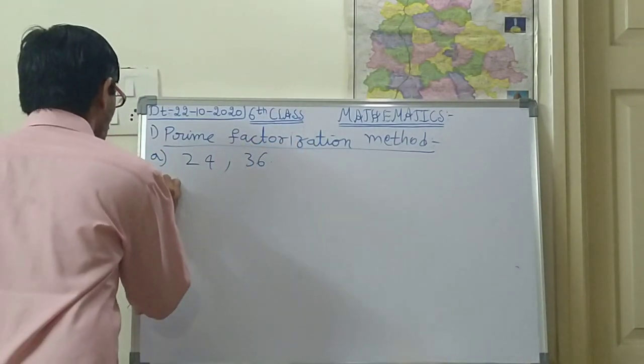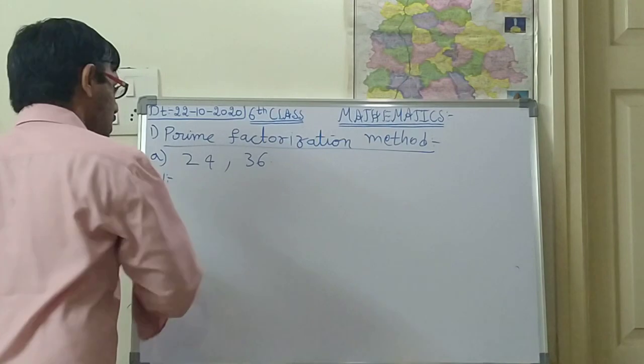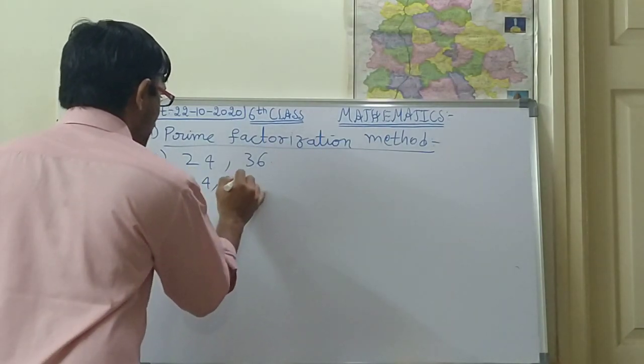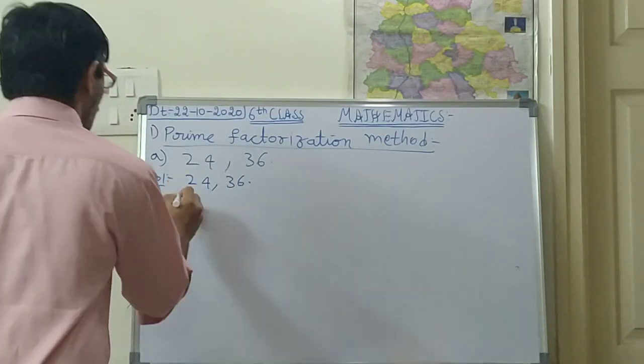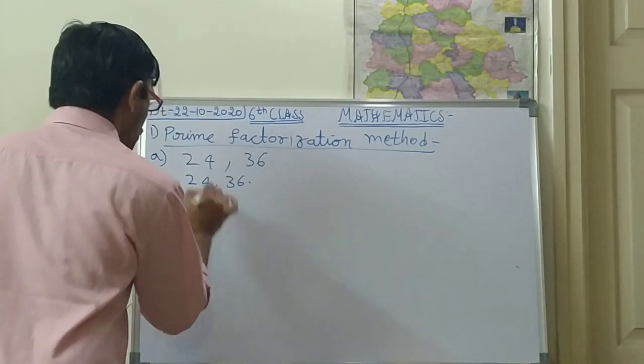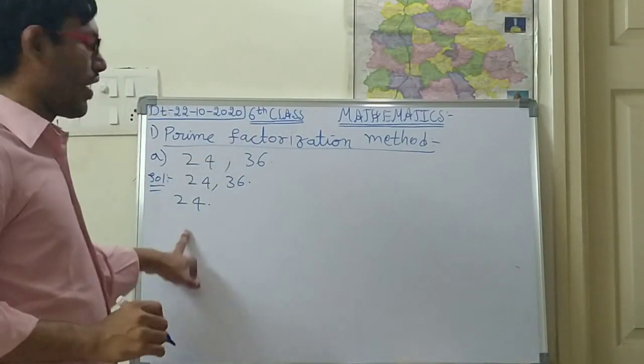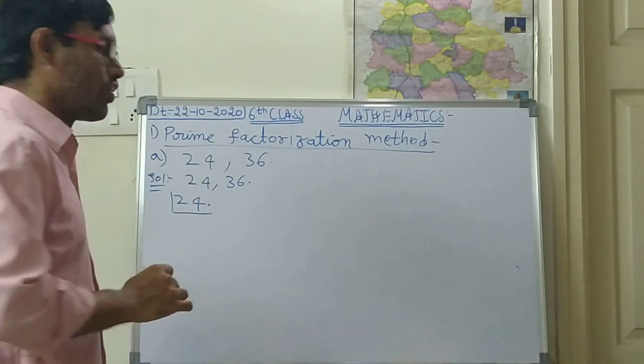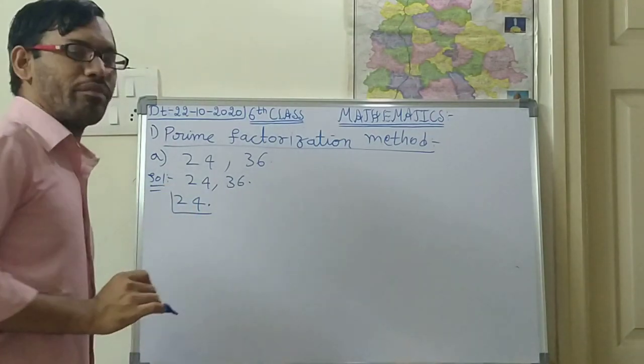So the solution, how you are supposed to do: first of all, the first step is, for 24, you should take the prime factors. Only with the prime factors you should take. So what is the first prime number?